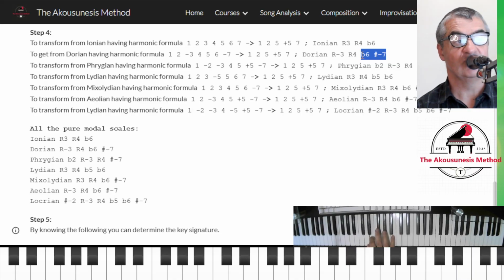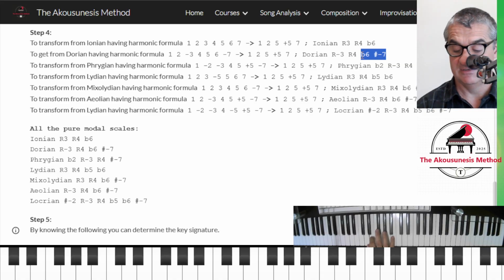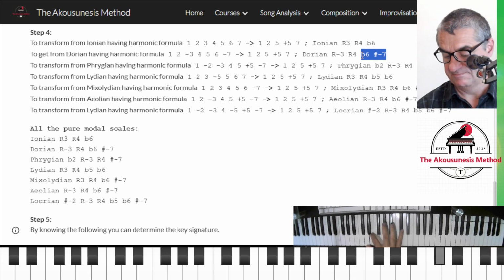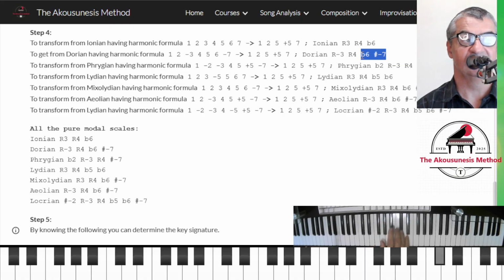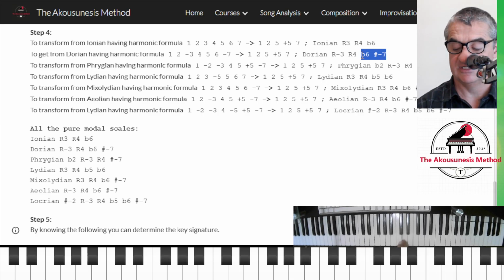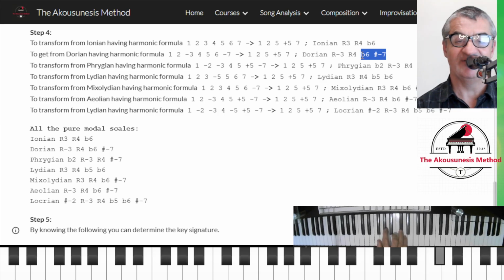And then we sharpen the minus 7, so we're up here. So we've got these notes. It's a bit of a harder one to remember.